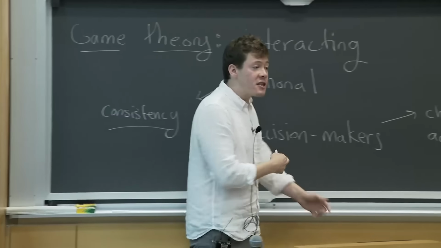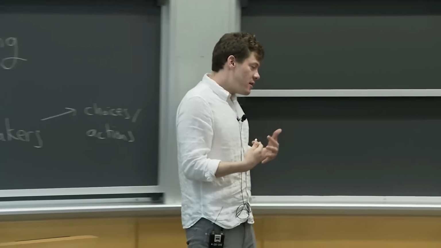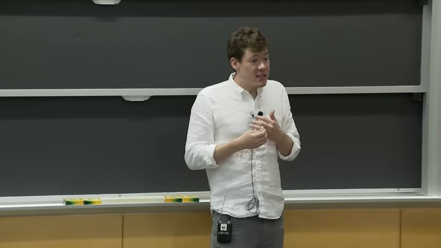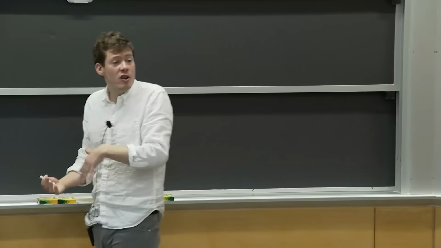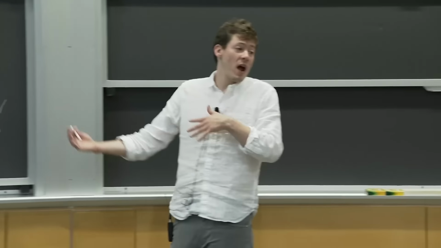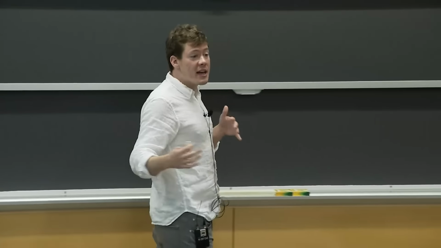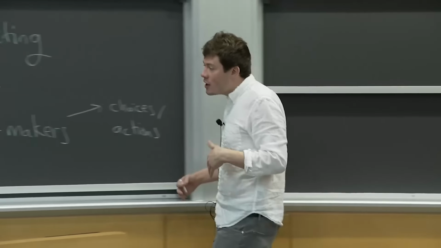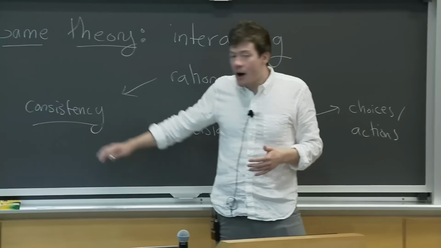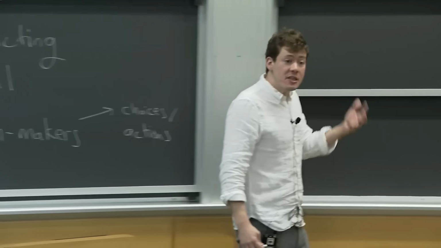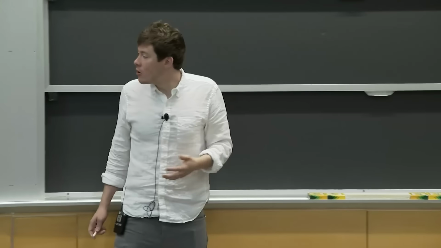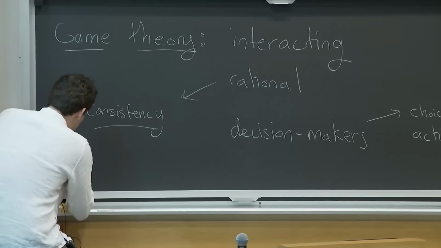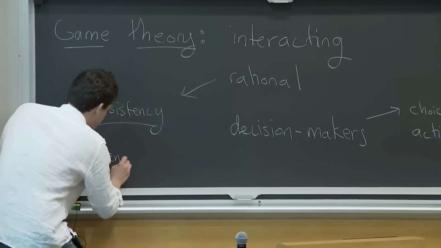The agents in the models that we study are going to act towards achieving some consistent objective. You might disagree with the objective they have. They might like a different flavor of ice cream or a different political candidate or put different weight on income and leisure. That's fine. We don't all have to have the same preferences. But the assumption is that people consistently act with an eye towards these preferences that they do have. So sometimes there's a phrase that I like to say, that preferences cannot be irrational.